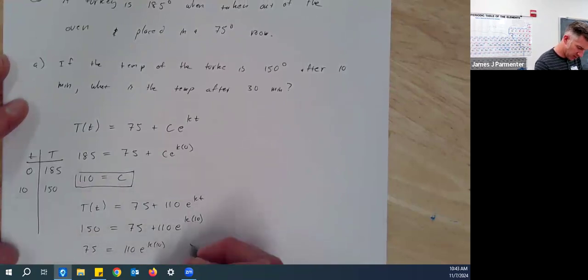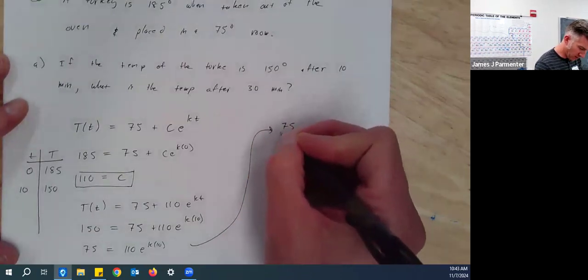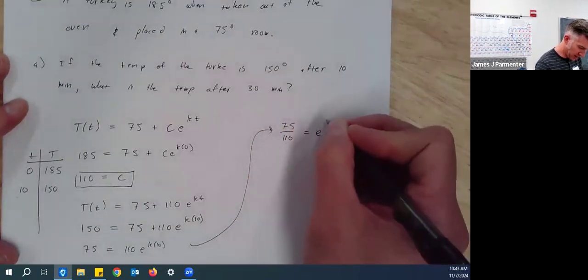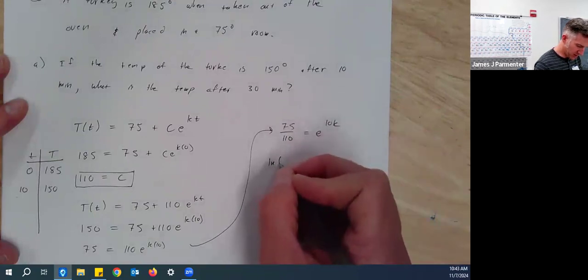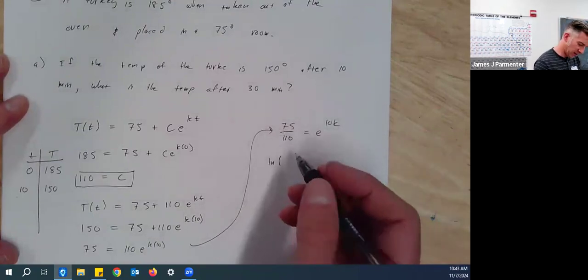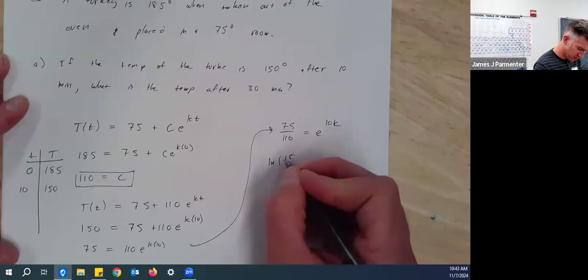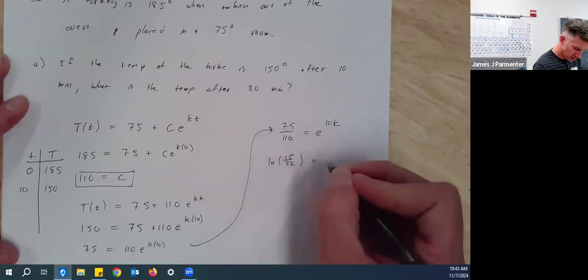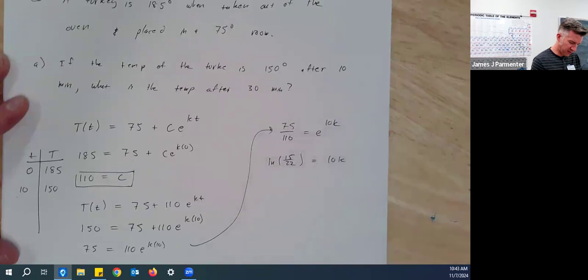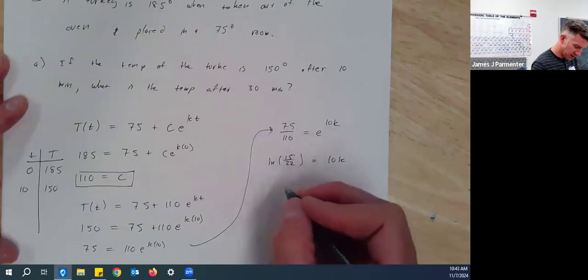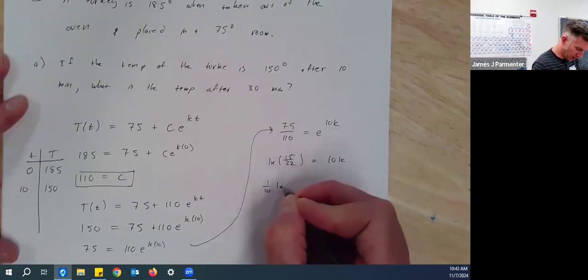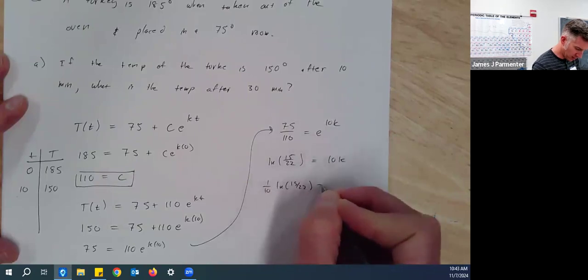Divide by 110. So you have 75 over 110 equal to e to the 10k. Take the natural log of both sides. You could probably reduce this fraction to, I don't know, 15 over 22. So the natural log of 15 over 22 equals 10k. And finally, 1/10 natural log of 15 over 22 is equal to k.